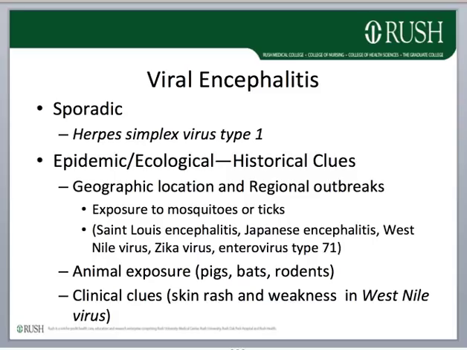I'm going to first discuss some general features of viral encephalitis and then discuss some specific pathologic features of HSV encephalitis as an example of sporadic encephalitis and West Nile virus encephalitis as an example of arboviral encephalitis. So here we go.